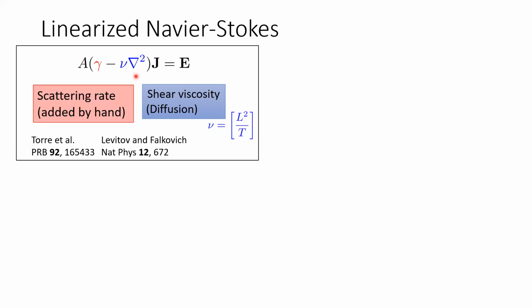There's one additional term that you need to make this electron hydrodynamics, and that is a finite resistivity. Any real material is going to relax momentum at least a little bit. And so what people do is put the scattering rate, gamma, into the Stokes equation by hand.